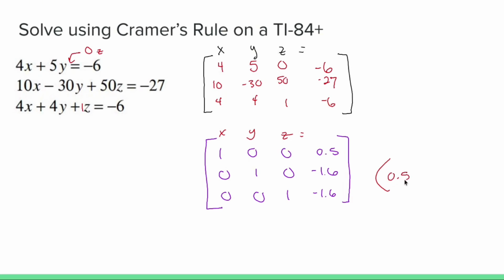So 0.5, comma, no x but a y and no z equals -1.6. So y is -1.6. And no x and no y but a z equals -1.6. As long as these are in the form 1, 0, 0, and they go in that diagonal order, we have our answer already.